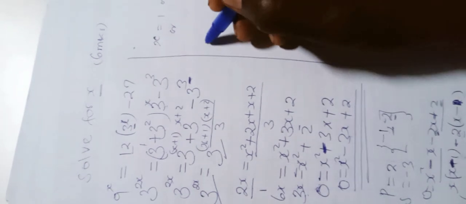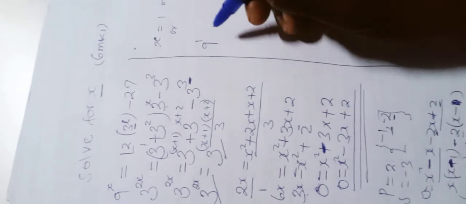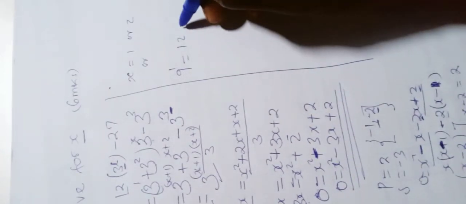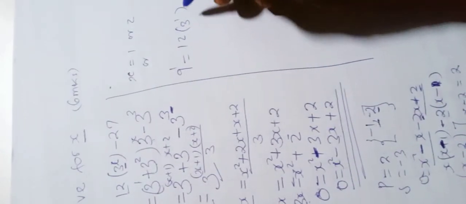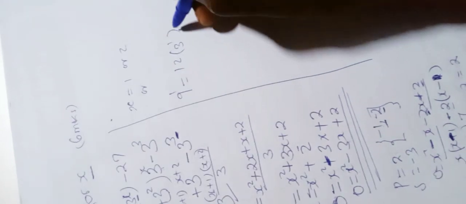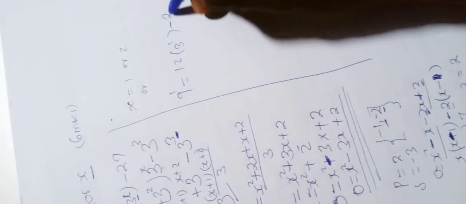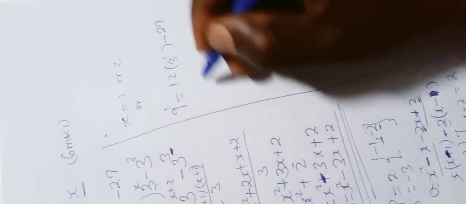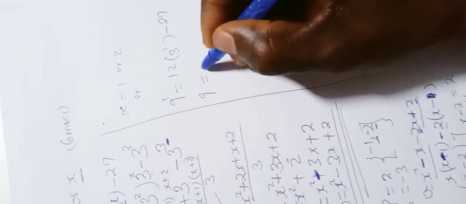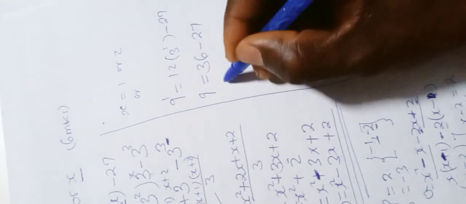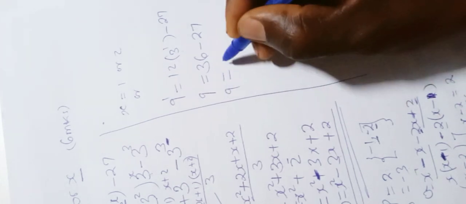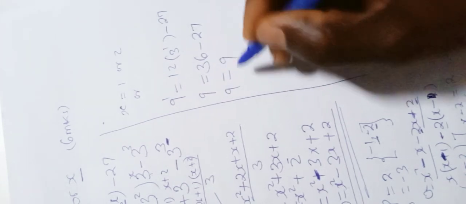We are going to have 9 raised to power 1 is equivalent to 12 multiplied by 3 raised to power 1 minus 27. So 9 is equivalent to this times this, we are going to have 36 minus 27. Actually, this one brings the right answer.